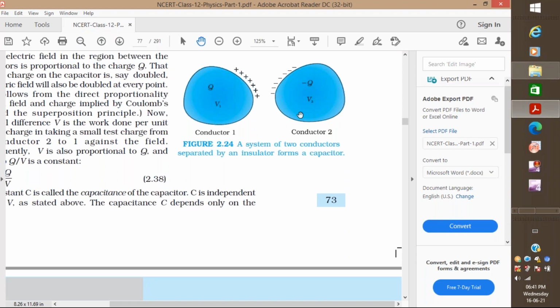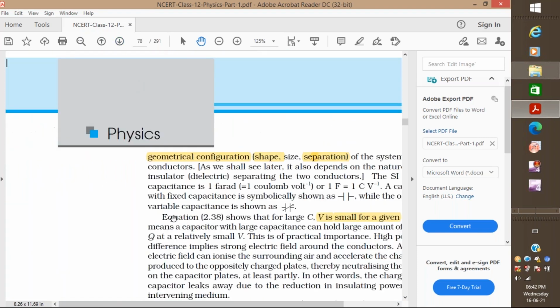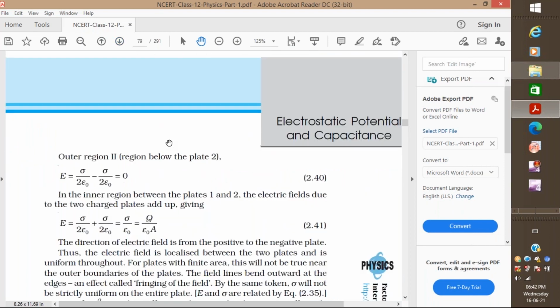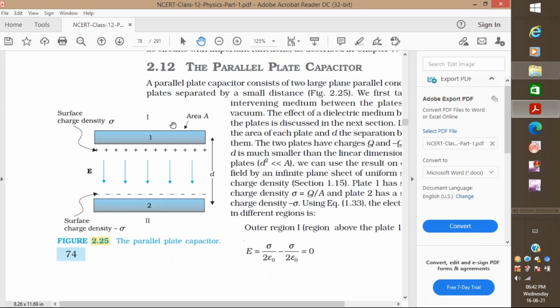So in the parallel plate capacitor, as you can see from the figure of your book, there are two parallel plates. That's why it is called a parallel plate capacitor.